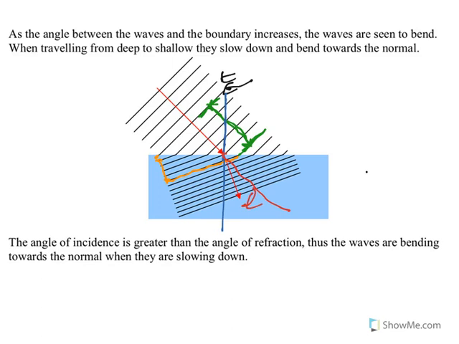So our angle of incidence is greater than the angle of refraction. Waves are bending towards the normal when they are slowing down.